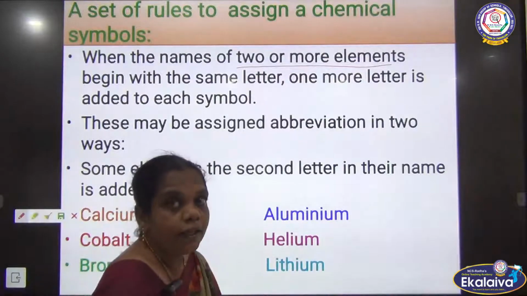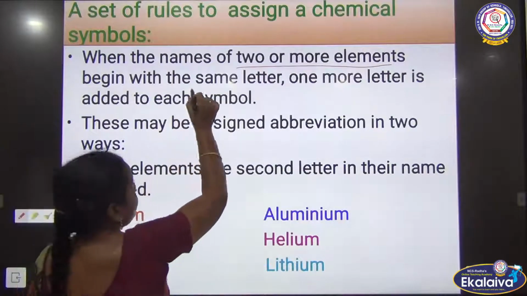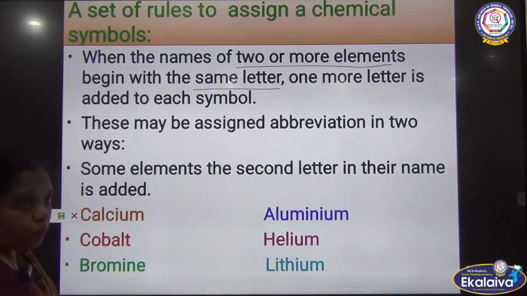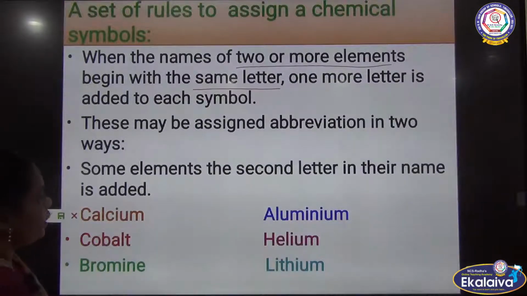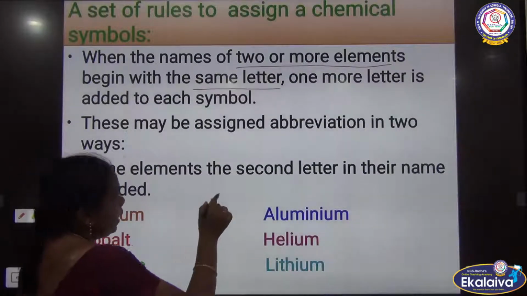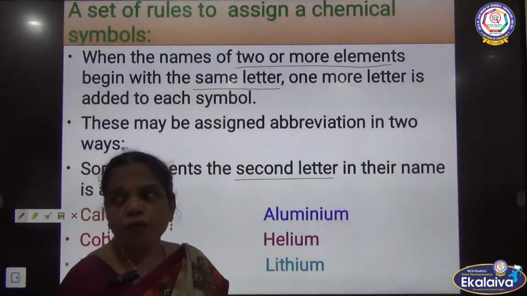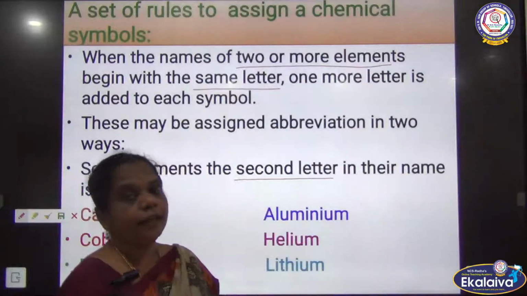If the same letter is repeated for two or more elements, how to assign the abbreviation? So now we want to add the second letter of the element, along with the first letter.